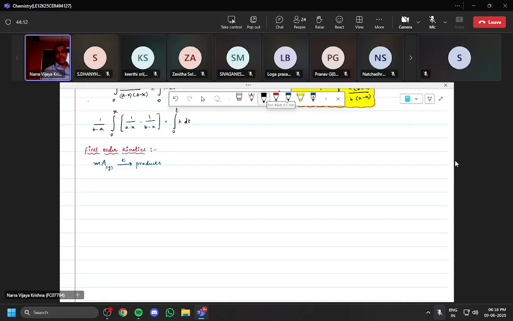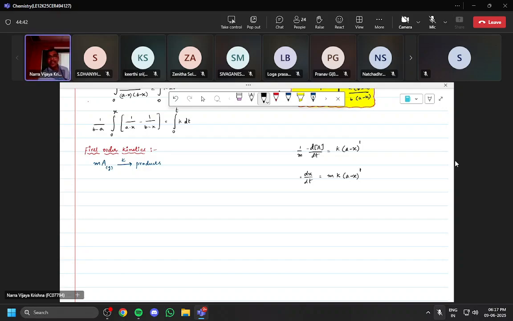I can write this as 1 upon m into minus dA by dt is equal to k into (a minus x) power 1. Correct or not? So you will write it as dx by dt equal to mk (a minus x) power 1.